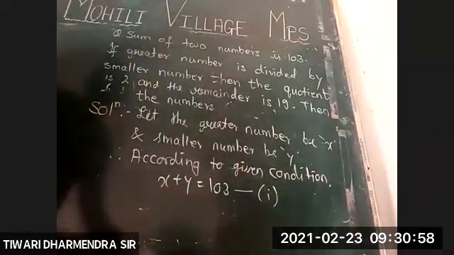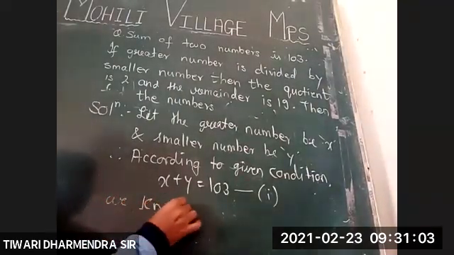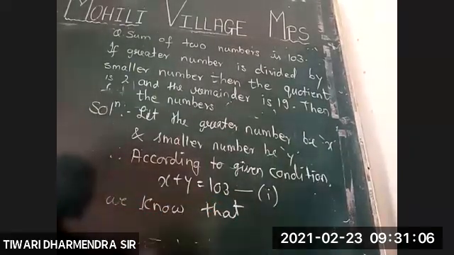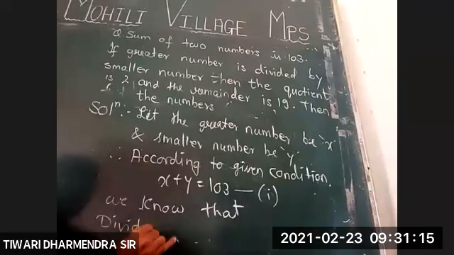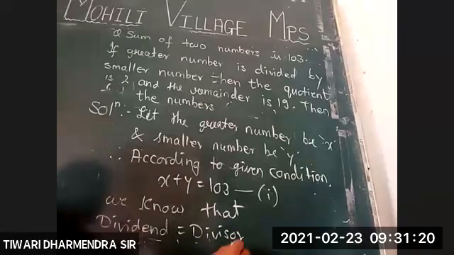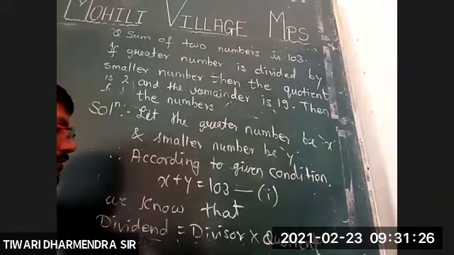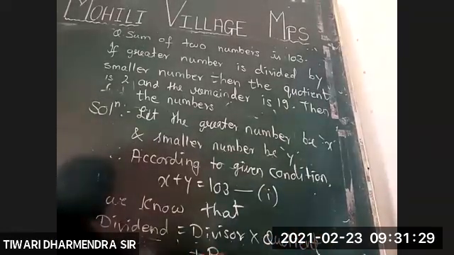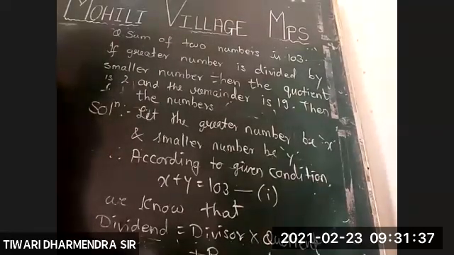Now we know that dividend is equal to divisor into quotient plus remainder.